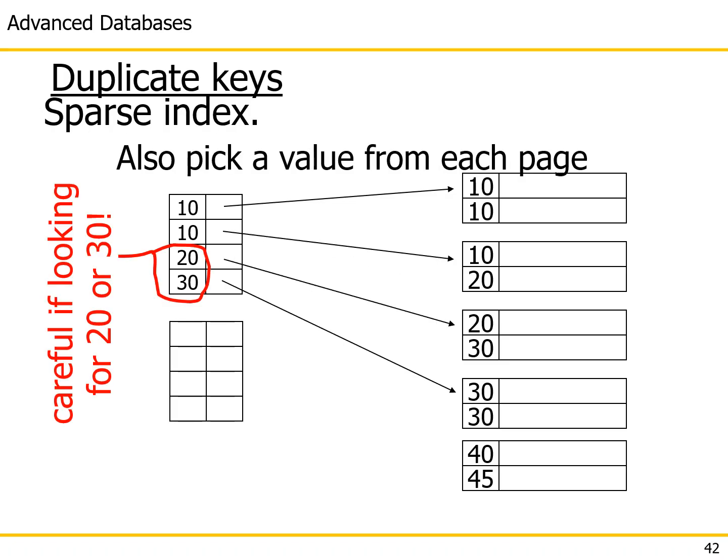Now, let's say we decide to just stick to the rule that we are going to point to an entry in every page, and we are not going to do the rule where it says I'm going to point to the first time I see a new value. That will be the scene we're looking at here. The relation on the right and the sparse index on the left. Now, I'm not showing you all the details of the sparse index, the other entries.